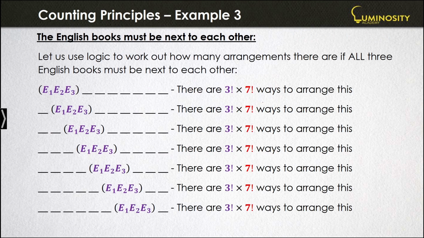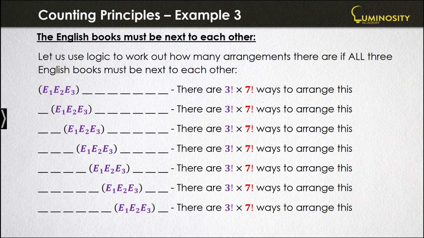How many different ways can there be if the English books must be next to each other? As I've said previously, these types of problems are very logical word problems. So let us use logic to work out how many arrangements there are if all 3 English books must be next to each other.